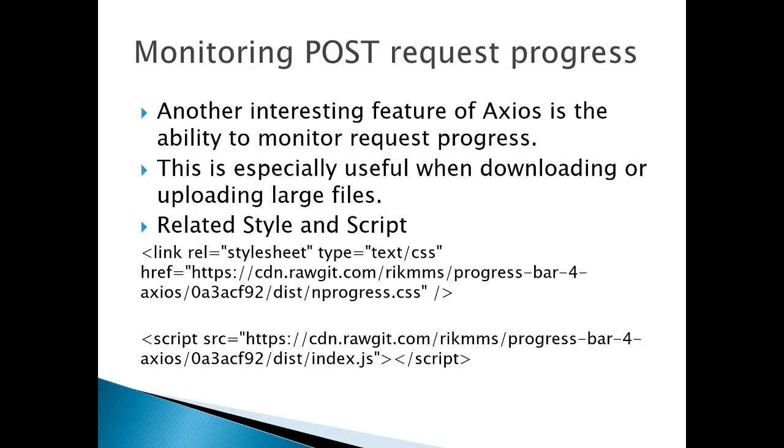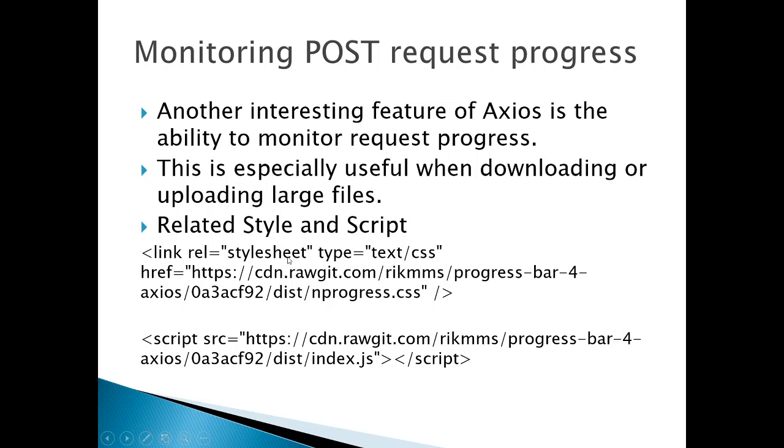Then you can monitor the progress using Axios also. It is very simple and a good facility. You can see the status of your application at the moment, what the request status is. Another interesting feature of Axios is the ability to monitor request progress. This is especially useful when downloading or uploading large files, and so you can apply this monitoring process.